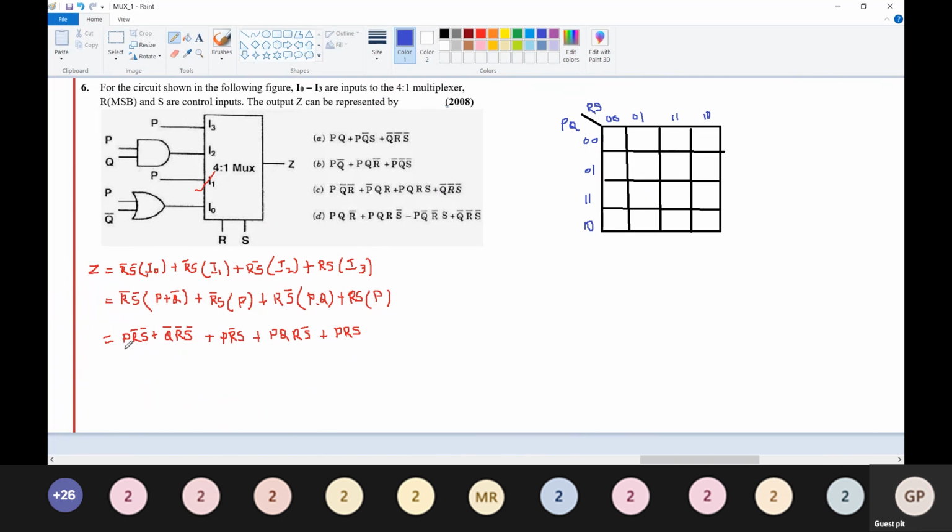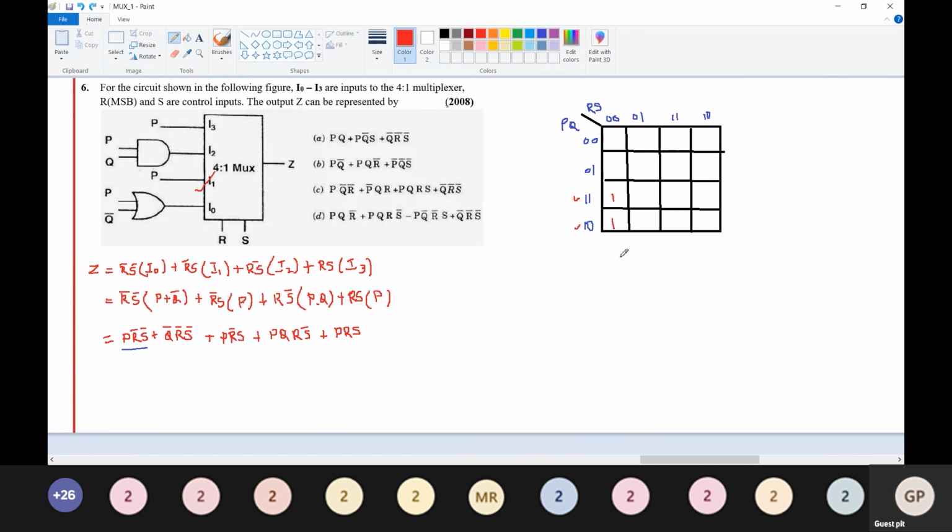For example, P into R dash S dash. P is nothing but these two rows. R dash S dash is nothing but this column. So correspondingly, the two rows and this column, we are going to plot the one.